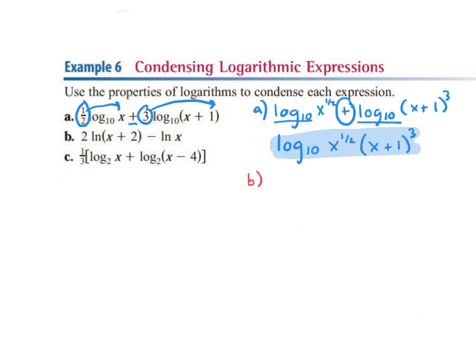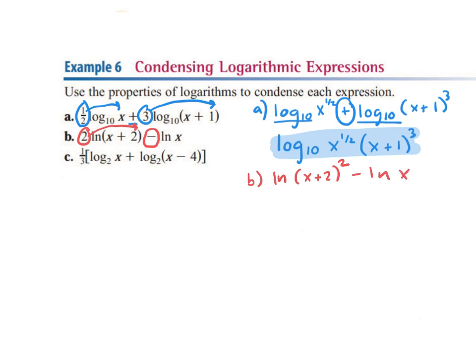For B, again, we're condensing. We want to take our number out front, bring it to the top so it becomes our exponent. We see we are subtracting, so that means we need to divide. So we have 2 ln of x plus 2 minus ln of x. I'm just going to move the number to the top first. So ln of (x plus 2) squared minus ln of x.